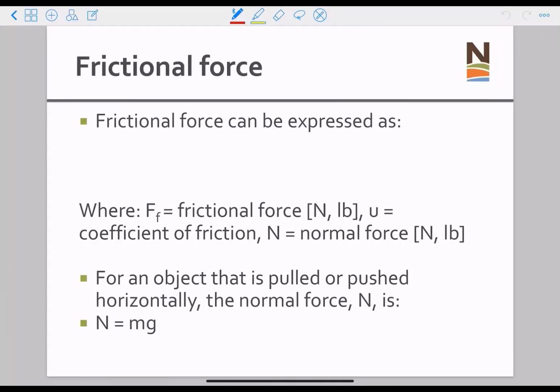Okay, so that brings us to the next set of forces that we need to think about when we're solving these types of problems, and that includes frictional force. So remember, you're pushing this block along the ground. What is opposing that force? Why doesn't it just move easily? Well, because there's friction, right?